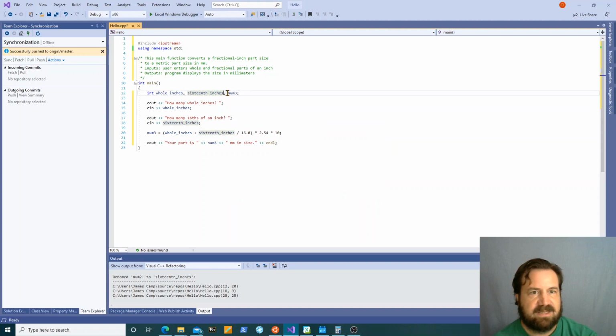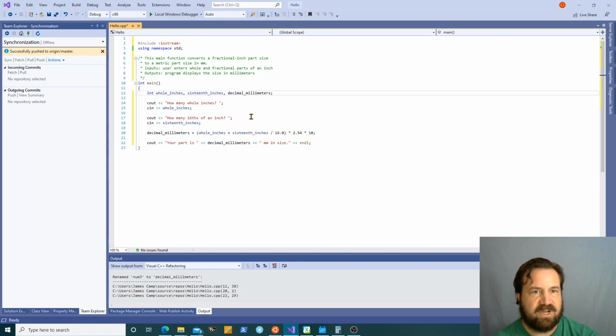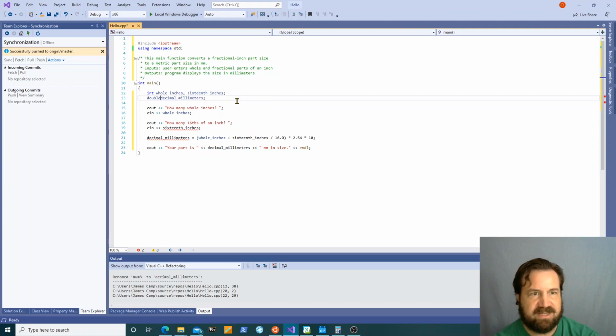Okay. And then num3, when I look at this, what I really want this to be is decimal millimeters. Okay. And when I do that, that actually makes it even more obvious that I made a coding error here, a logic error, that this should be a double.